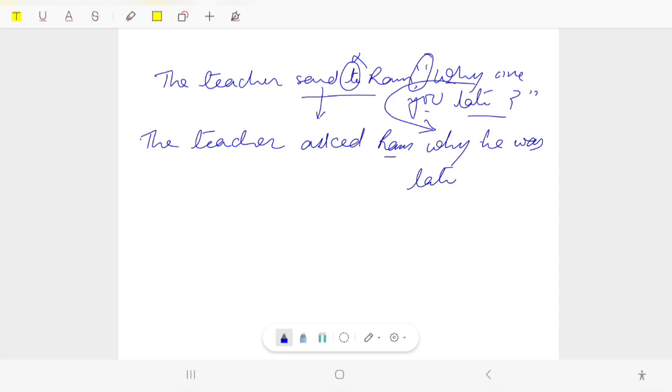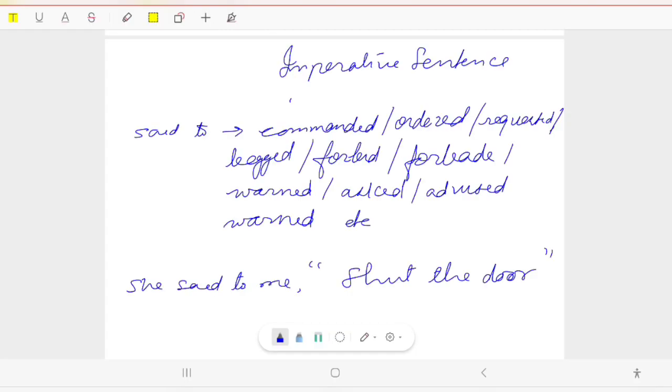Now what is left? Are you late? So same thing, change the place. You is second person pronoun, so according to the object. Object is Ram. For Ram we use he. Why he was late. This is the way we change interrogative sentences.